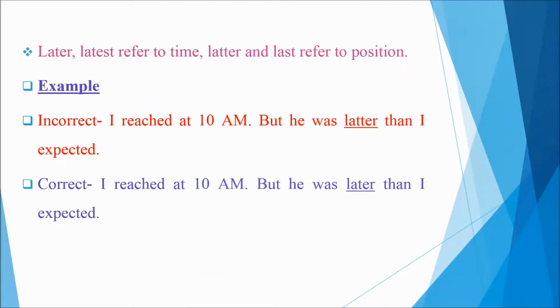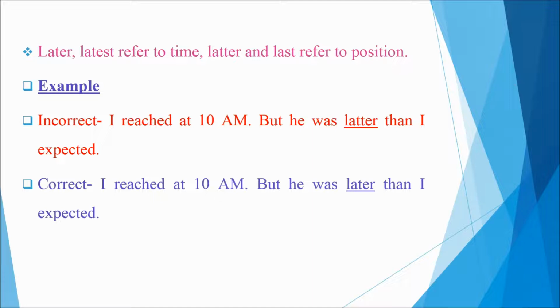The next rule is that later, latest refer to time. Latter and last refer to position. Let's see the first example. I reached at 10 a.m. but he was later than I expected. Is that correct sentence?